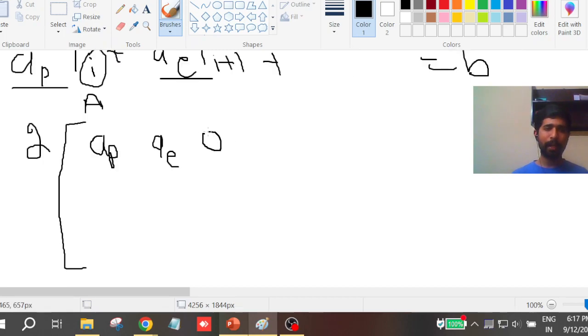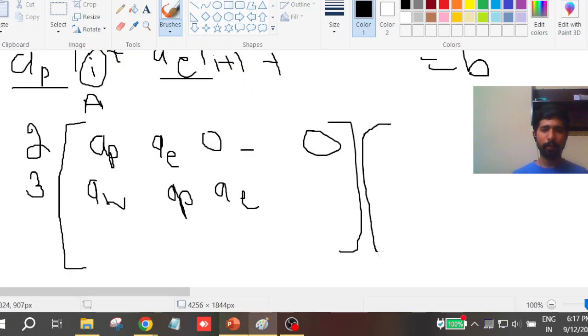All the remaining elements here, you can clearly see, will be 0. Now for the third element, i equal to 3, you will get AW also, AP also, and AE also. This you will multiply with T2, T3 up to Tn minus 1.